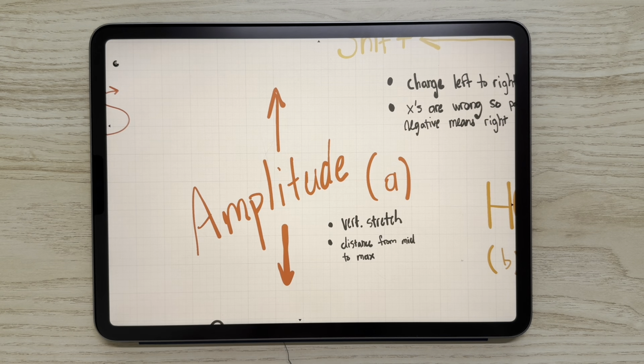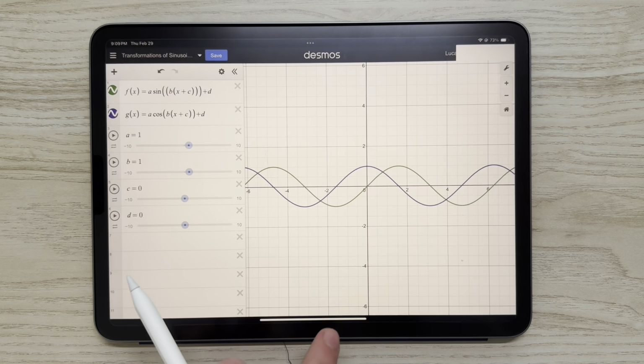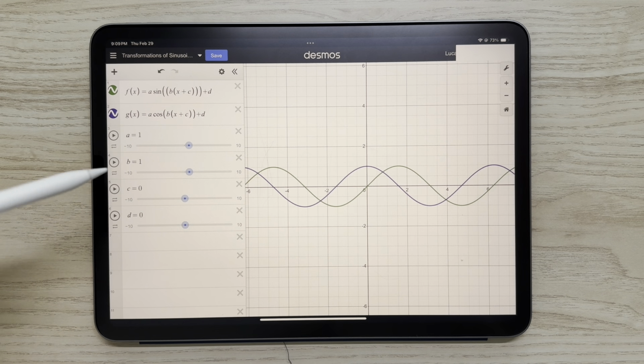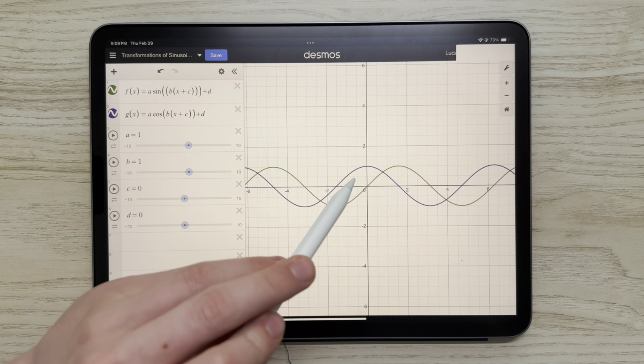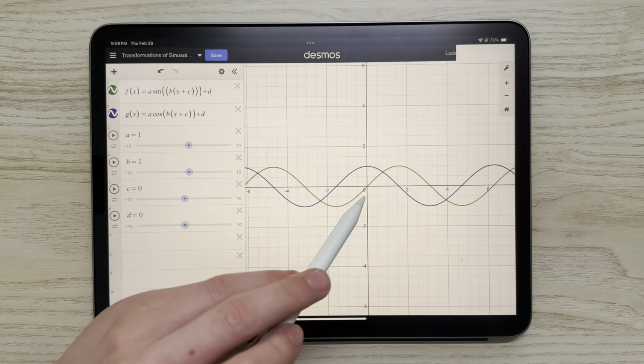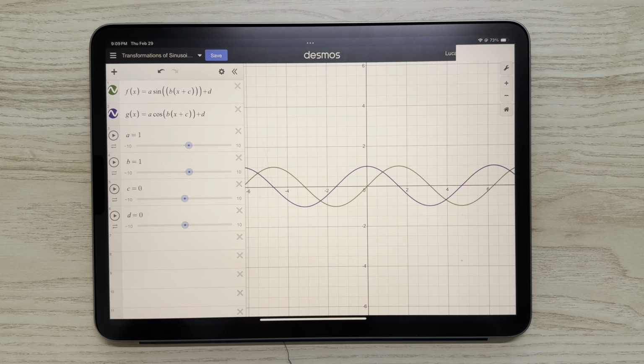So A, although it is a vertical stretch, is also known as the amplitude for sinusoidal functions. It's also the distance from the midline of the wave to the maximum. I'm going to pull up Desmos here to give an example. The purple wave is the regular cosine function, and the green wave is a regular sine function.